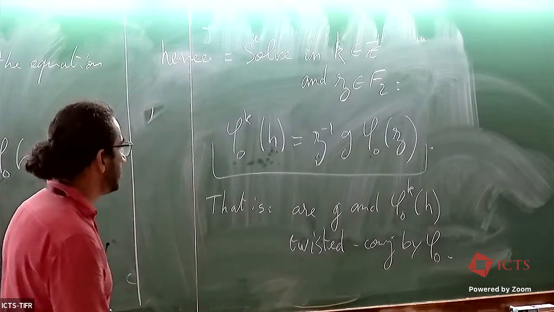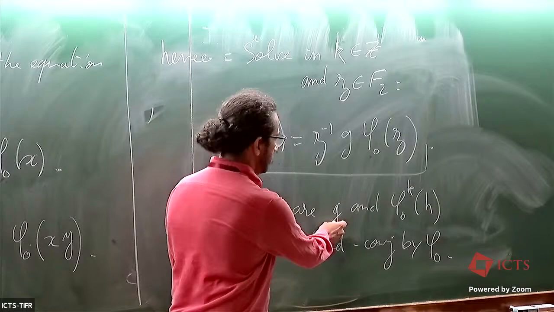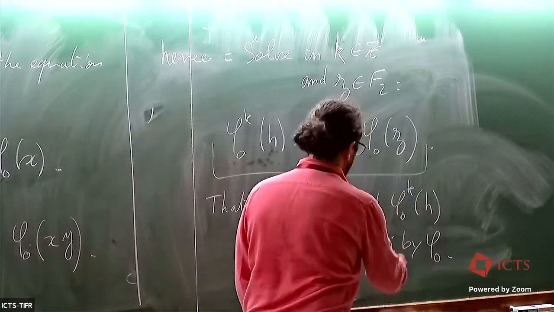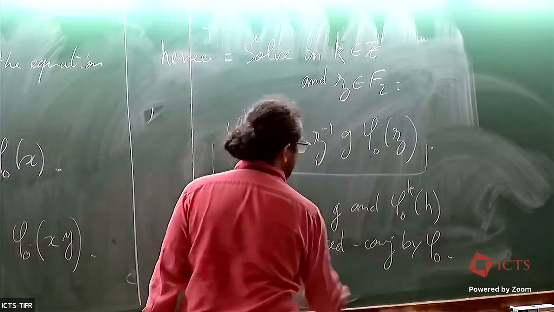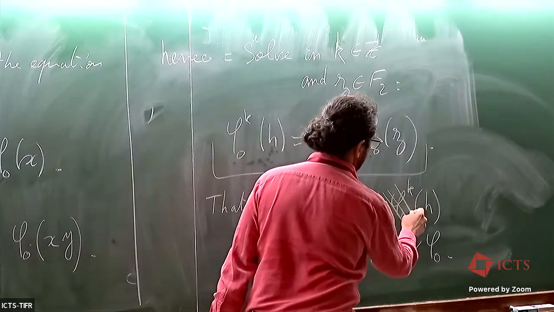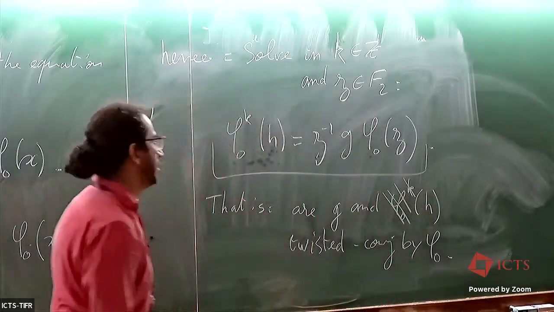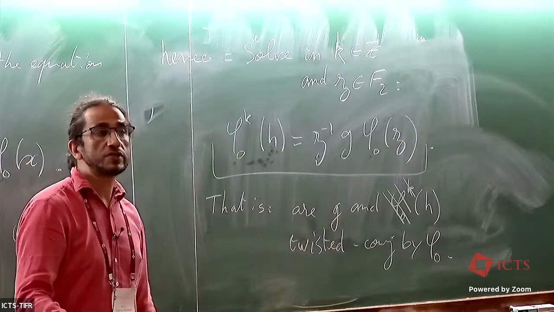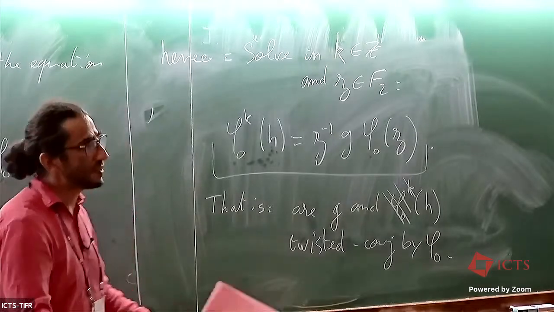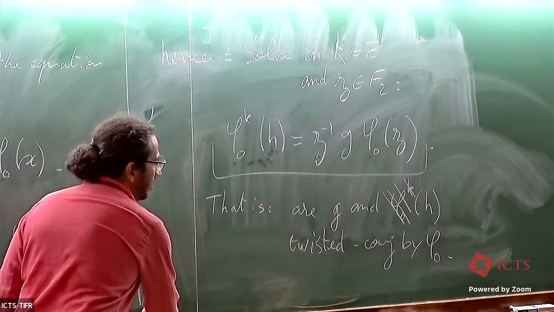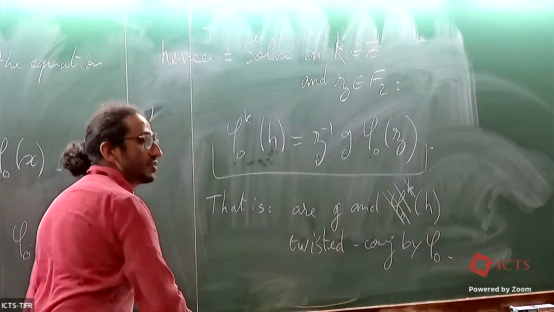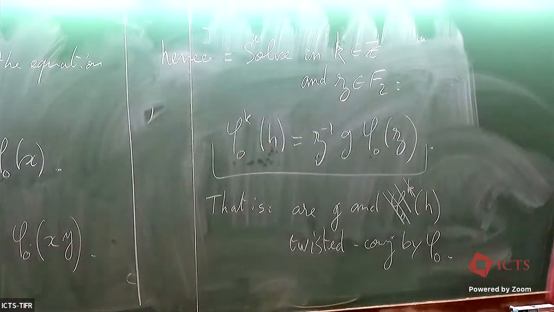So actually, the real question is whether G and H, I can remove the phi 0 to the k here, whether G and H are twisted conjugate by phi 0. And this is a well-known problem that has a nice solution due again to Bogopolsky, Martino, Maslakova, and Ventura.